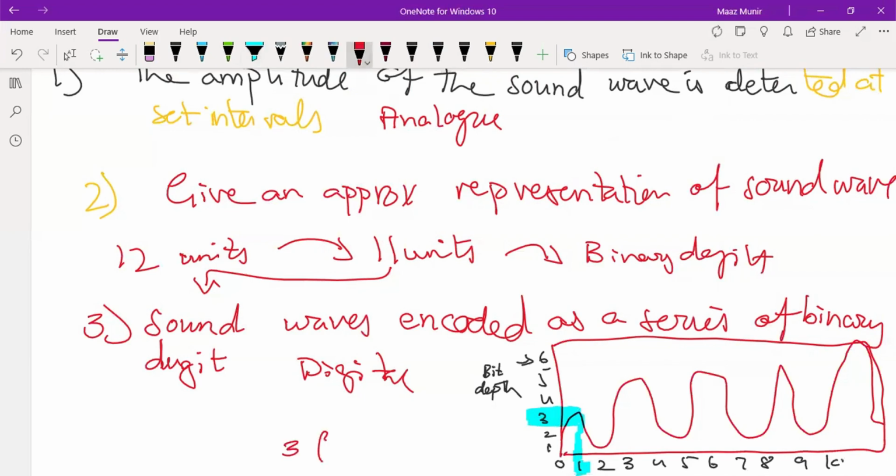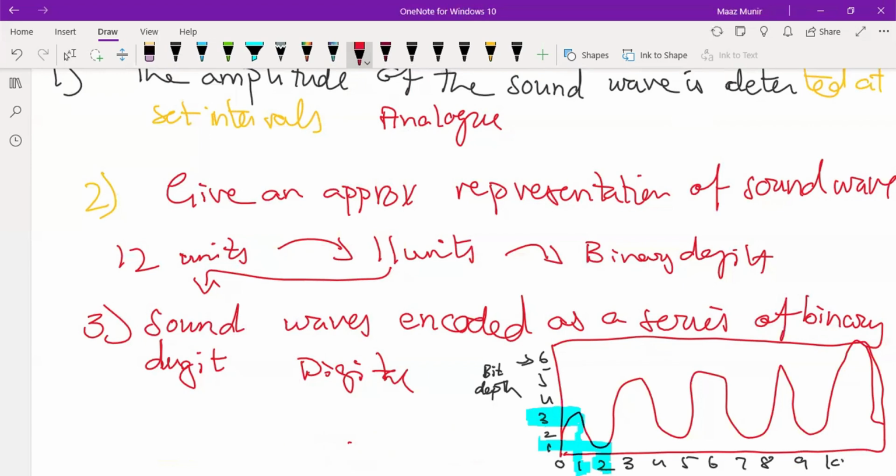Okay, we write down 3 first. 3 is for the first beat, let's say first vocal or whatever the first sound is. Then at position number 2, the amplitude is one unit. So we write 1 for the second. And so on, we convert it. Basically, the second step says that we convert each of these waves. At some points, the amplitude is really high, and at other points, it's really low.